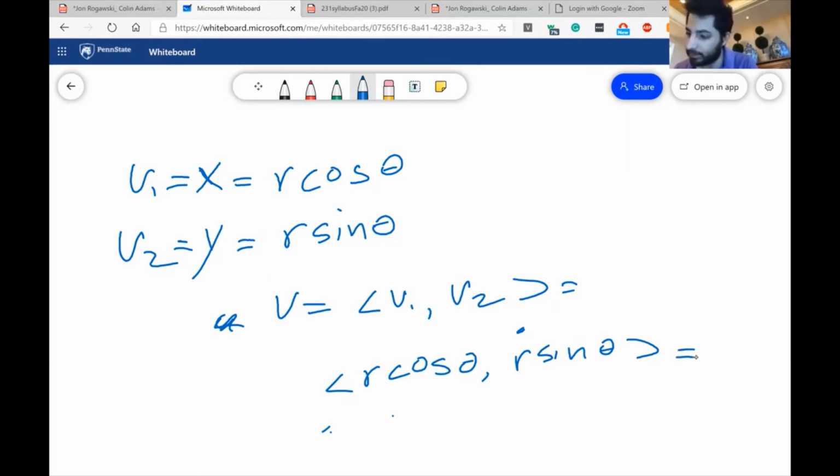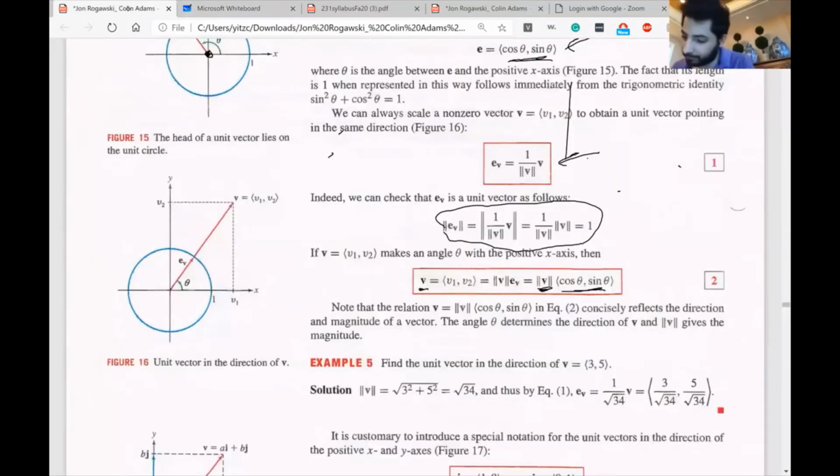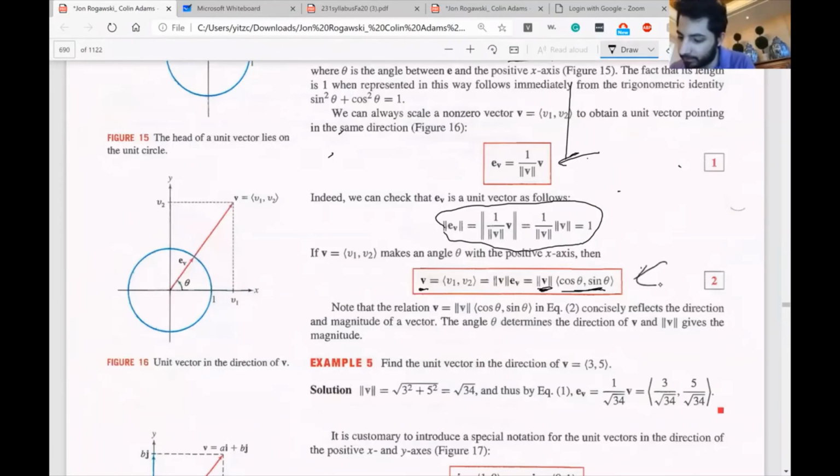So this is equal to the magnitude of V cosine of theta, magnitude of V sine theta. And then you can just take the magnitude out. So this will end up being the magnitude of V times cosine of theta, sine of theta. And that's this right over here. So the vector can be written as its magnitude times cosine of theta and sine of theta.